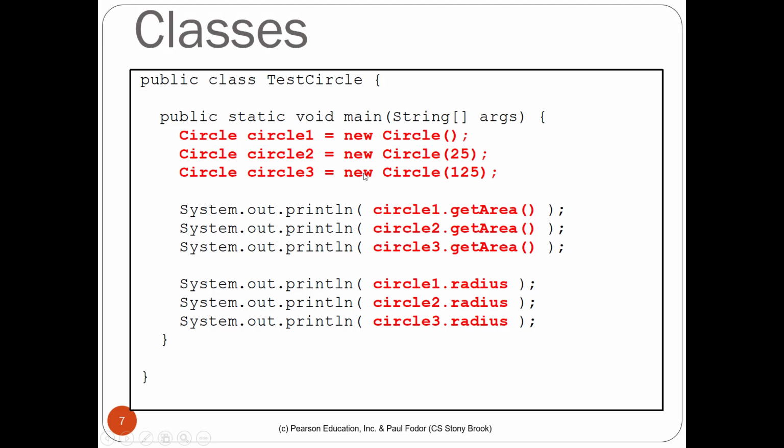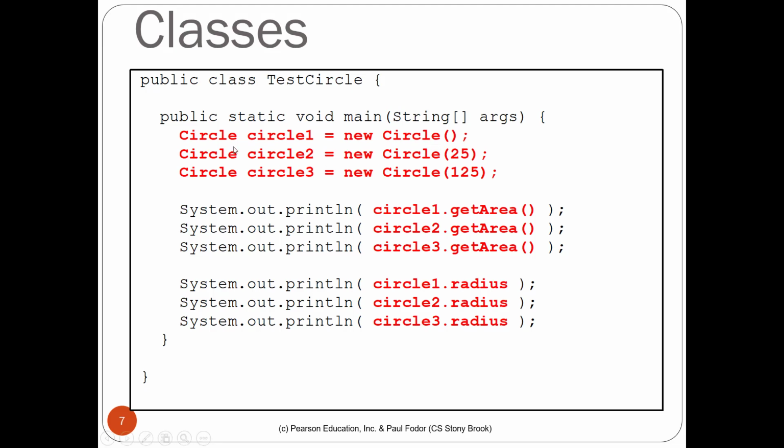Okay, so now pay attention to the way we are creating circle objects. So you say Circle circle1 is equal to new Circle, right? So here it's very similar to the way we have been creating objects for other classes.